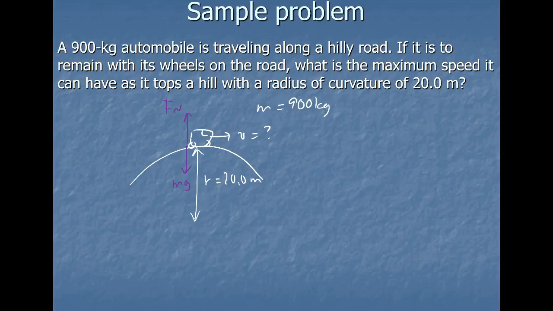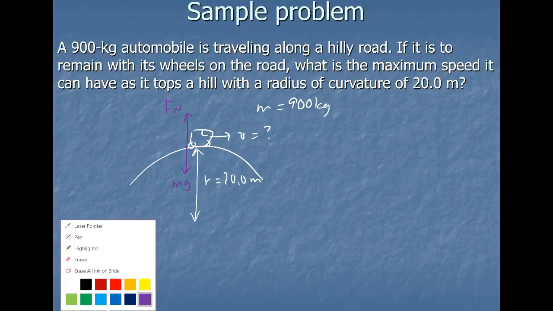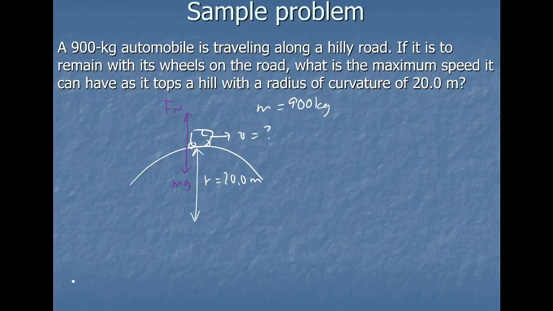And those two forces would conspire to give us the total centripetal force, and so we would have essentially mg minus F normal is equal to m v squared over r. Now, the key point here is that if it's just going to remain with its wheels on the road, then the normal force goes to 0.